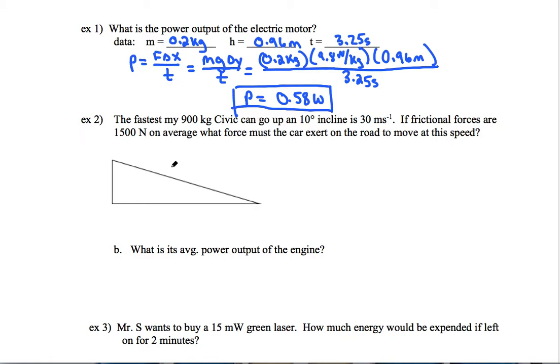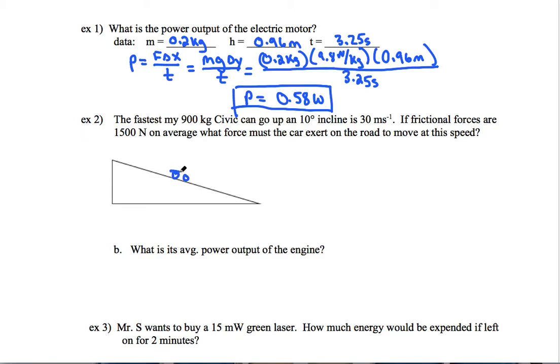So if we look at my Civic, the mass of my Civic is 900 kilograms, and it can go up a 10% incline at 30 meters per second, the fastest it can go up. If the frictional forces are 1,500 newtons, what is the average force the car must exert on the road to move at this speed?